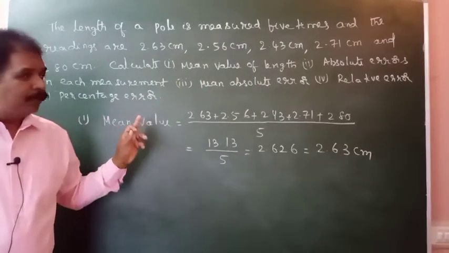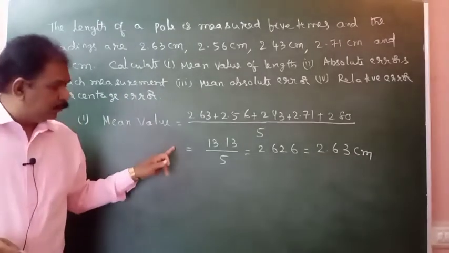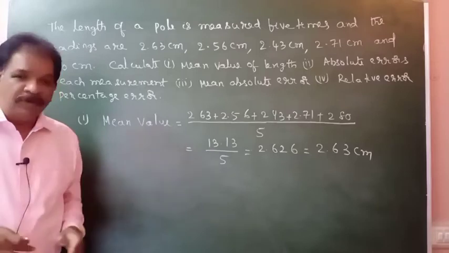Next, the second one will be absolute error in each measurement. Okay, note it down. This is the mean value of length.